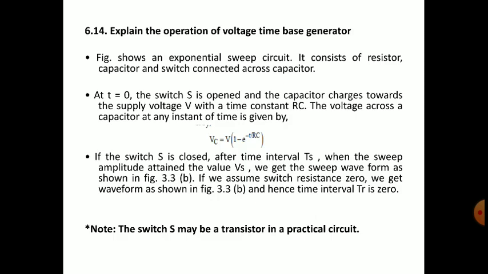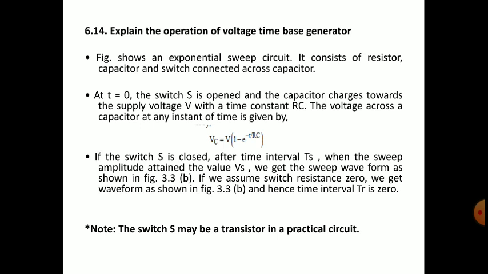Now the third point: if the switch S is closed after time interval Ts, then the sweep amplitude attains the value Vs. We get the sweep wave because at t is equal to 0 we have opened the switch, but until t is equal to 0 the switch is closed, the capacitor is bypassed, and there is no initial value.